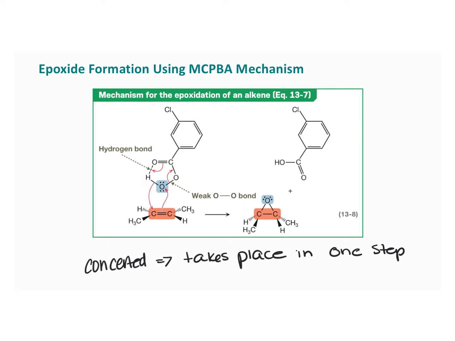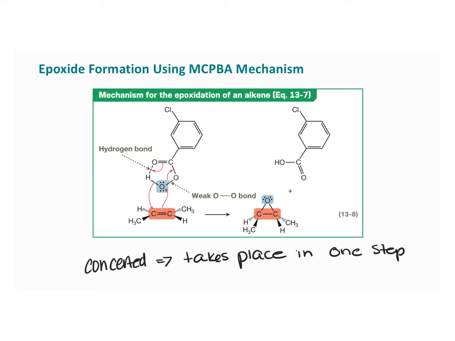I don't love the way this arrow is shown. I feel like this arrow should come over here and grab the proton. That's just my personal opinion, right? You can show it either way, but we're not going to draw arrows out into space. So that's just something to be aware of.